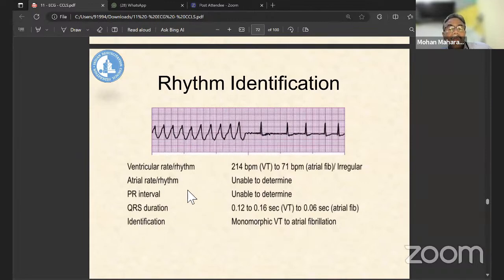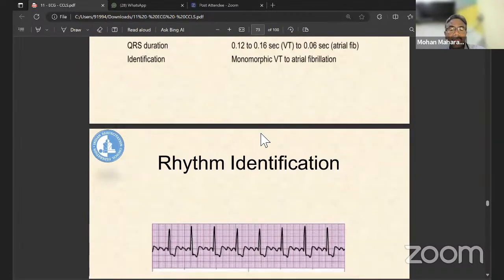QRS duration is more than 0.12, up to 0.16 here, reduced here to 0.12. It's very wide. Identification: monomorphic VT to atrial fibrillation. When you give the shock, patients can convert from monomorphic VT to atrial fibrillation. Sometimes it comes because you've treated.